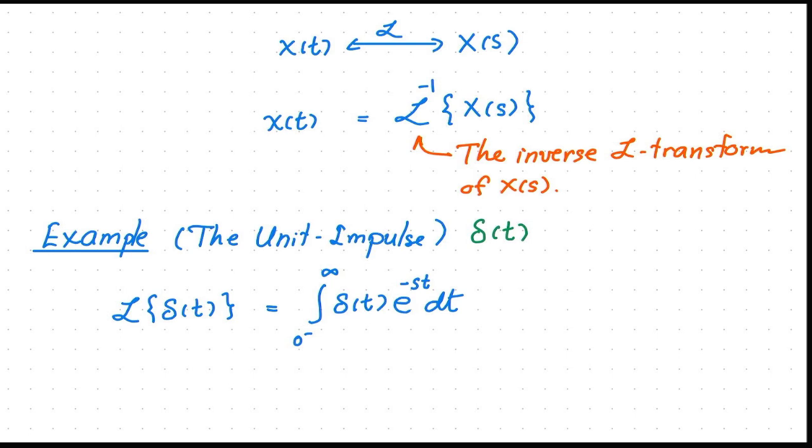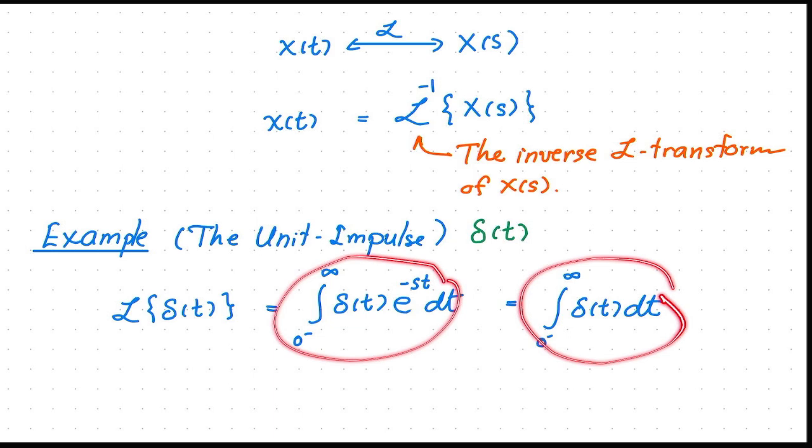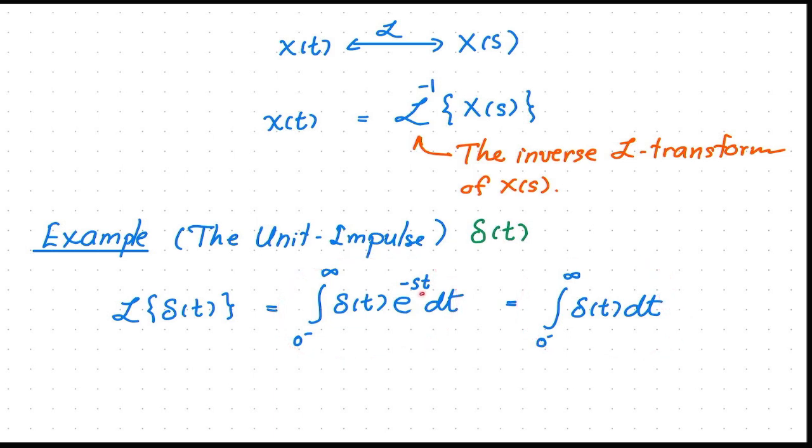So that is equal to the integration from 0 negative to infinity of delta(t) dt. Going from here to here was because I just plugged in t equal to 0 into the exponent of this exponential function, because we know that delta exists only at that time.